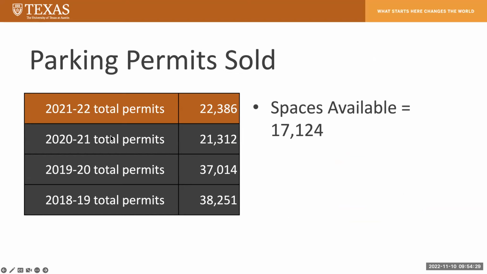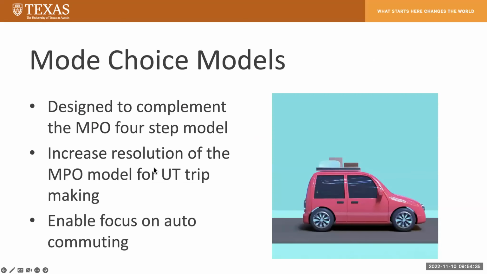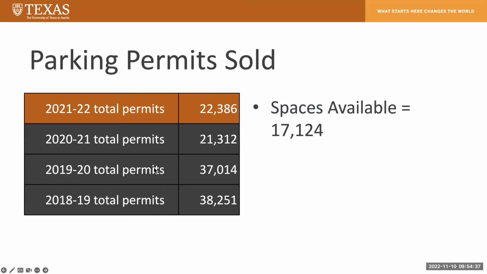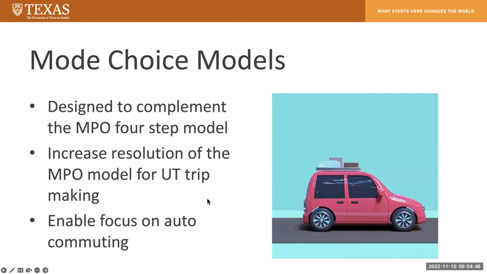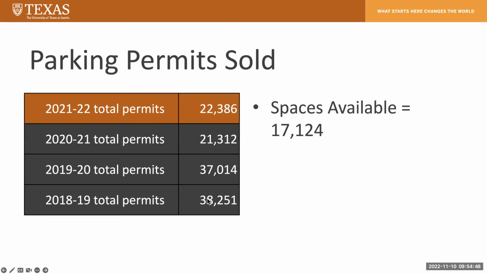The year before, during COVID, they sold a little bit less, close to about 22,000. But if we back up a couple of years, they were selling nearly 40,000 permits per year, 38,251 in 18-19. So one of the impacts of COVID is a lot fewer permits are being sold.